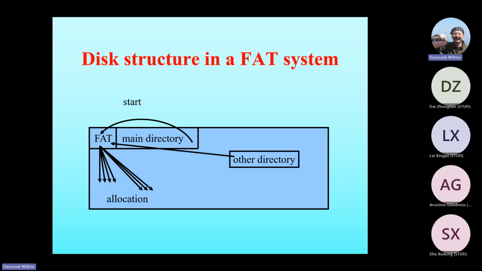There are 3 versions: FAT12, FAT16, and FAT32. The number in the name of FAT is just the size of a position in FAT: 12 bits, or 16 bits, or 32 bits.